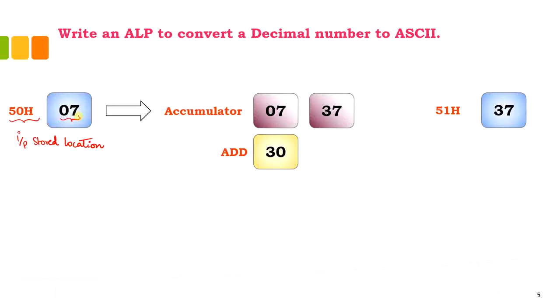Then this content will be moved to the accumulator, and in the accumulator we are going to perform the add operation, that is 07 will be added with 30 in order to obtain 37, and the result will be stored in the location 51H.